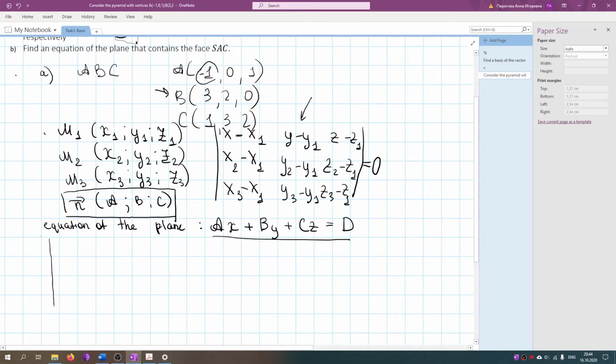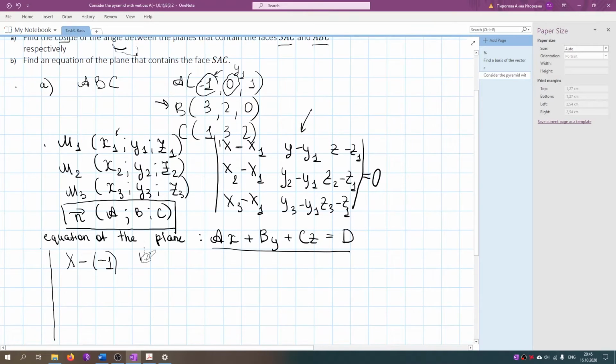So what we do? We take the first coordinate of the first point, so it's like x1, and we put it into the matrix. So we will write x minus -1. We take the second coordinate of the first point, and it will be y1.